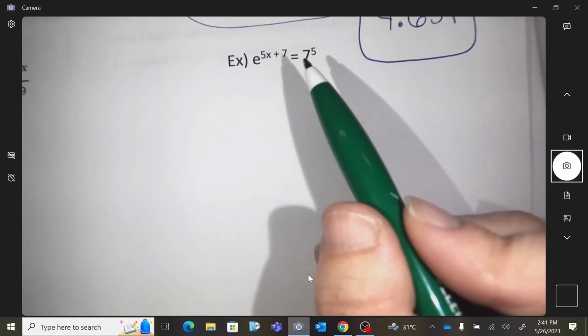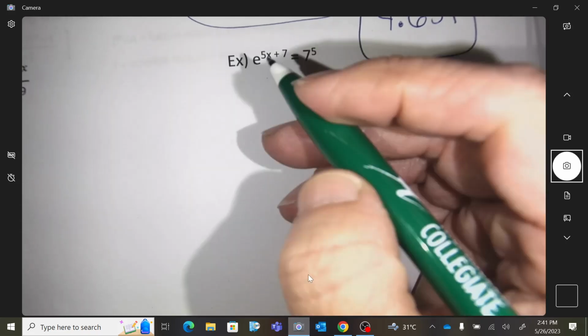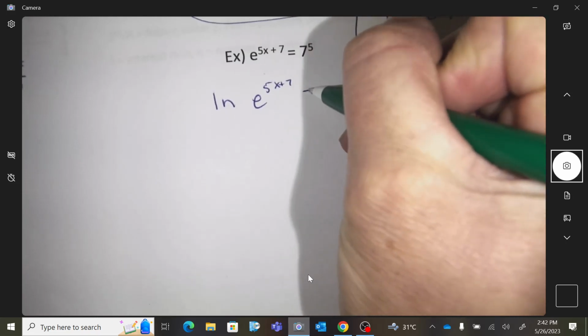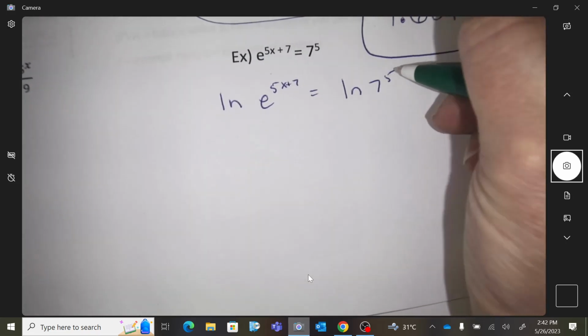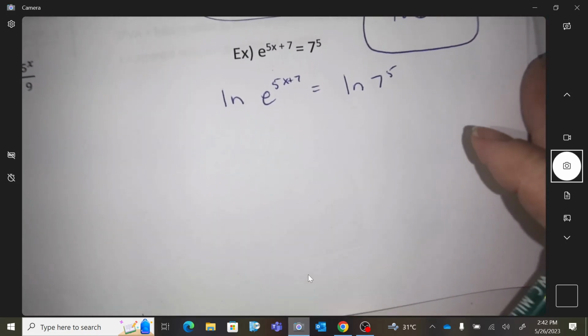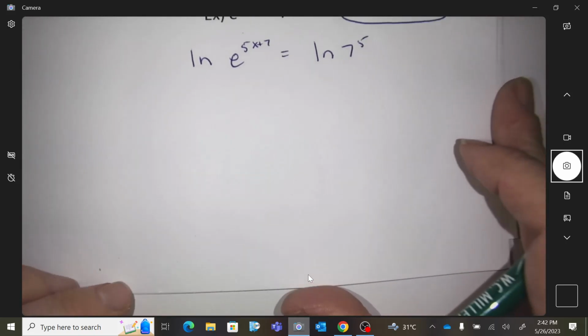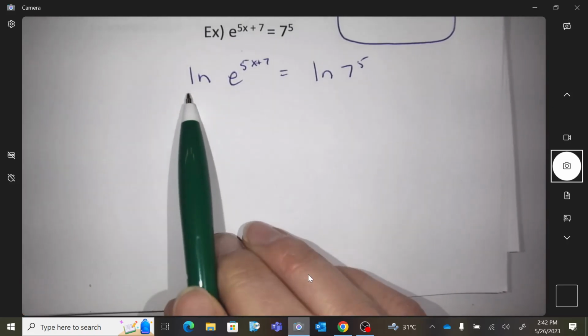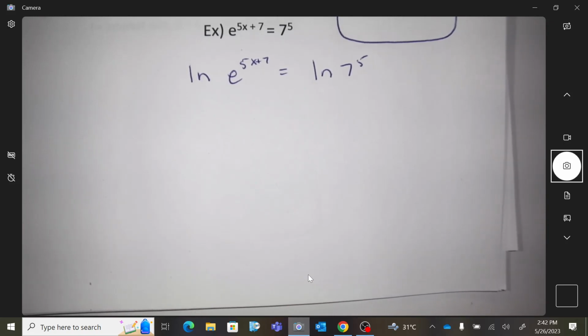So instead of logging both sides, I'm going to natural log both sides. ln stands for natural log. The reason why is because ln uses a base of e. So it's going to shortcut it.